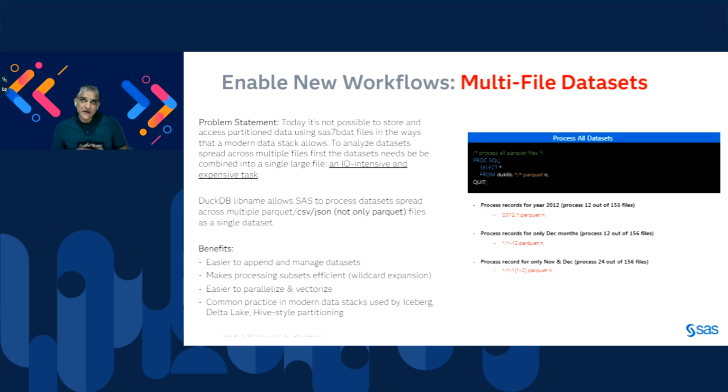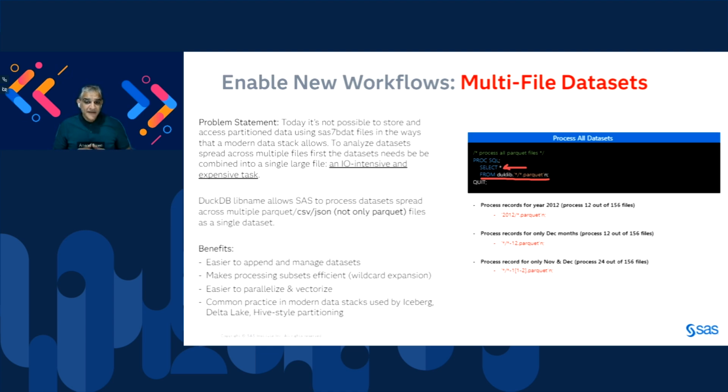From an enabling-new-workflows perspective, look at this query, where I'm saying select star from ducklib/star/star.parquet. What it says is, go to this directory, find all of the Parquet files in all of the subdirectories, and run the query that I have specified.